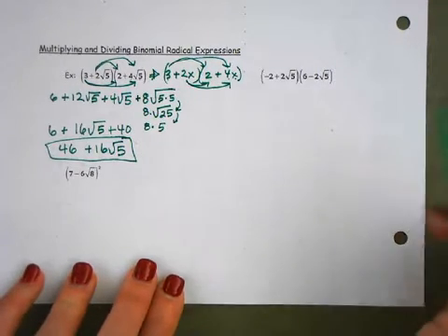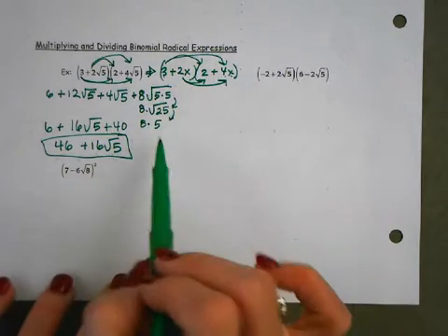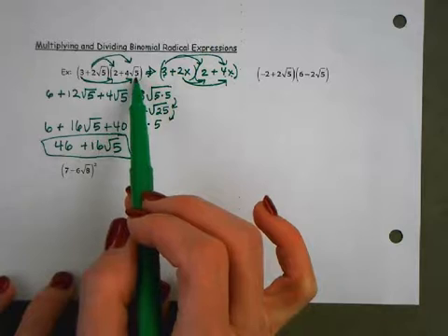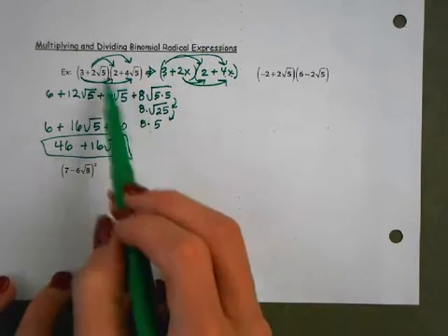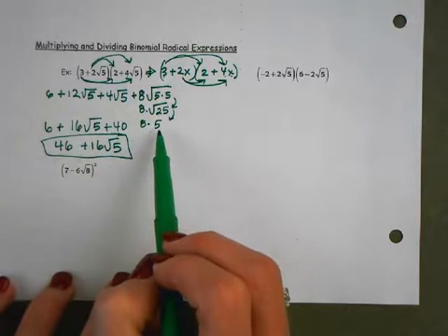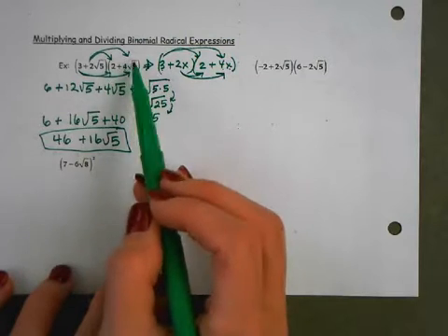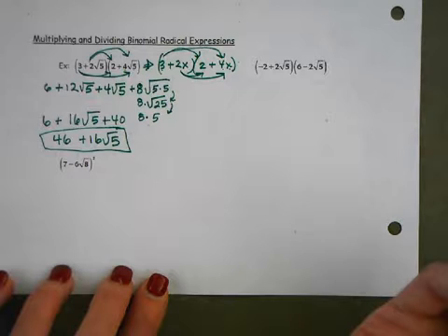Okay. Now, what I want to show you guys is a little hint here. If you notice that this 2 square roots of 5 times the 4 square roots of 5 end up just being the coefficients multiplied times the value that was inside. The square root of anything multiplied by itself becomes what? Just itself, right?